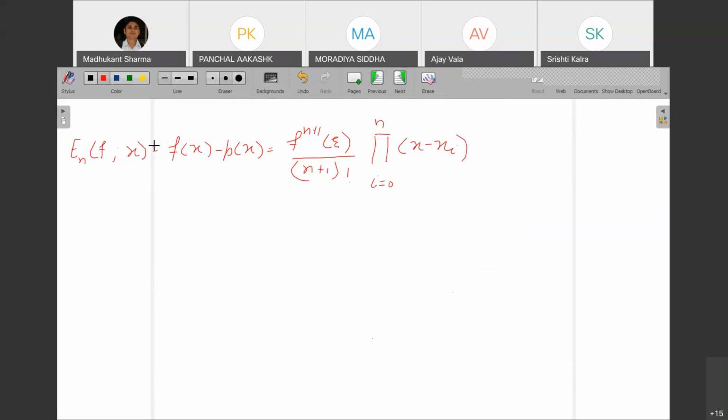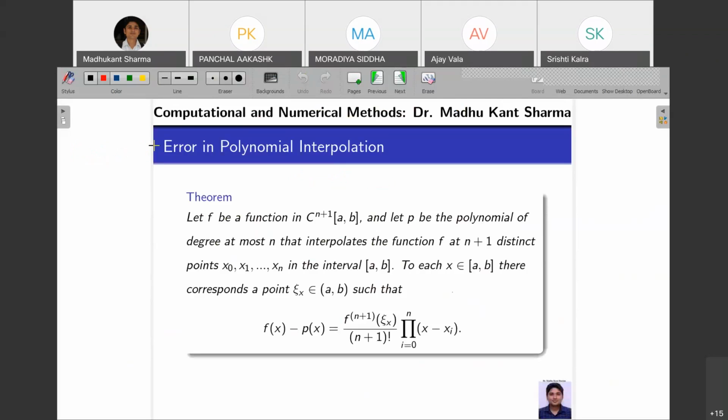Right. So if I collect all the things in a single result, the final result is in a theorem. Let f be a function in C n plus 1. So C n plus 1 means it is differentiable n plus 1 times, and its n plus 1 derivative is continuous.